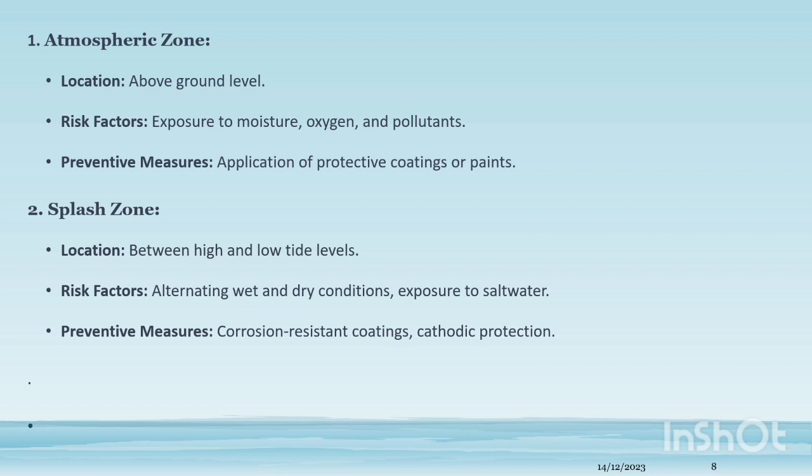Preventive measure: application of protective coating or paint. Splash zone. Location: between high and low tide levels. Risk factor: alternating wet and dry conditions, exposure to salt water. Preventive measures: corrosion resistant coating and cathodic protection.